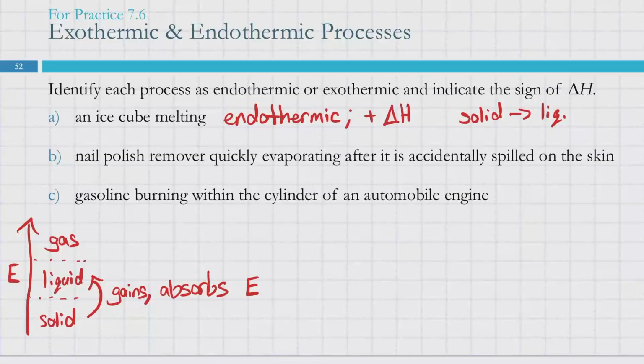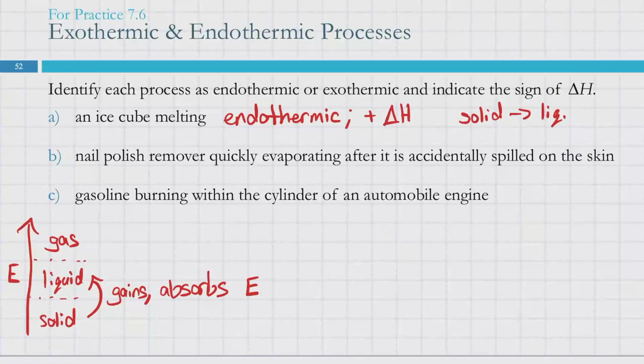What about nail polish remover, acetone, quickly evaporating after it's spilled on skin? We've got a guess for exothermic. Any other guesses? What state is the nail polish remover in before it evaporates? It's a liquid. And what state does it go to when it evaporates? It goes to a gas. So does it need to gain energy or lose energy to do that? It needs to gain energy.